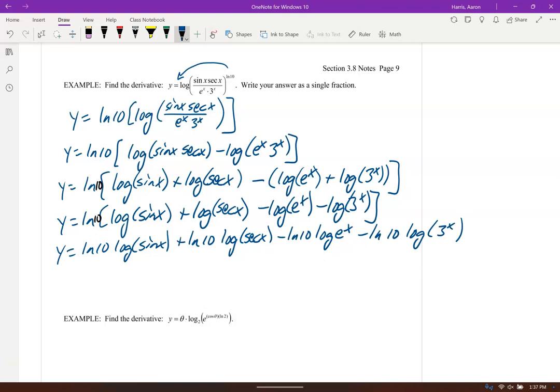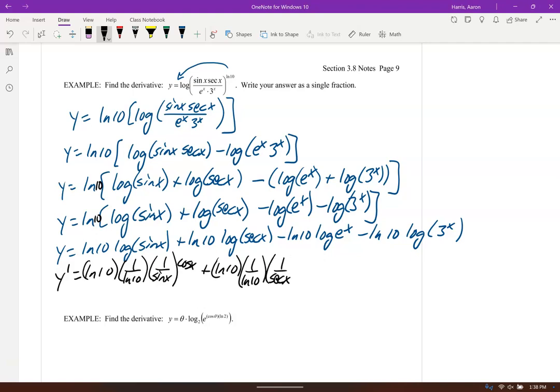Okay, so I got a number in front of these. Now when I take this derivative, the number stays there. Derivative of the log base 10: 1 over ln of 10, 1 over the sine, derivative of the sine, cosine. Plus the next one. Ln of 10 stays there, 1 over ln of a, in this case it's 10, 1 over secant, derivative of the secant, secant tangent.